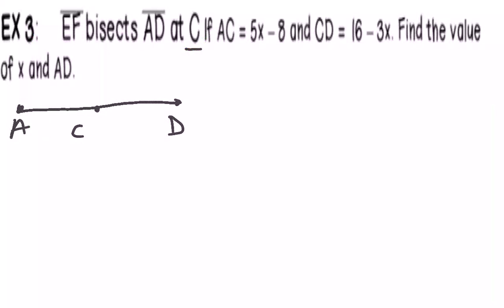What they gave me that's bisecting it is also a segment, which in this case is not super important about the EF and the actual naming, but we'll draw our diagram anyway. And I know that since it's bisecting it, that means that the two sides are the same. And now we're going to use that to solve the problem.